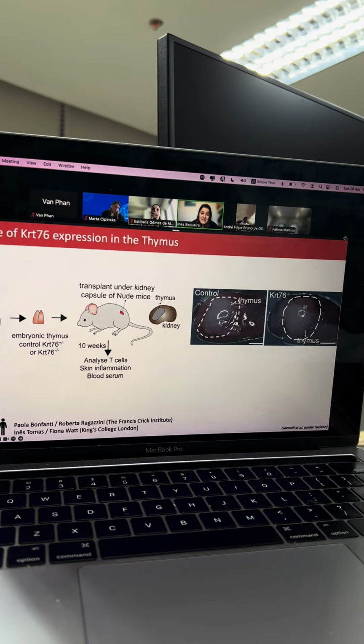So what we have done was taking thymi from embryonic knockout mice, and grafting these thymi into the kidney capsule of nude mice that don't have a thymus, and see whether we could mimic the loss of expression of keratin 7.6 only in the thymus and not in the other tissues.